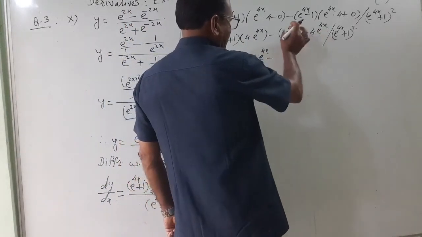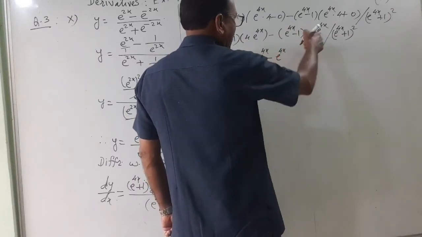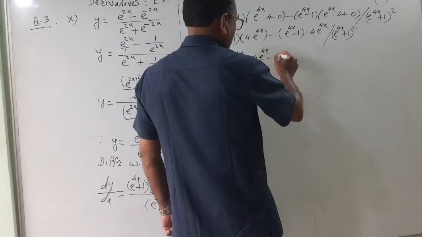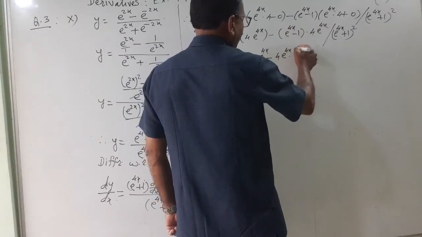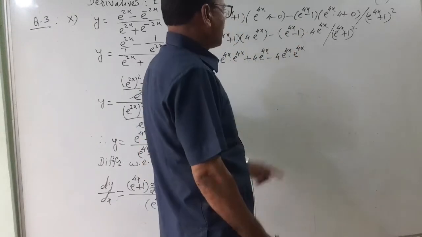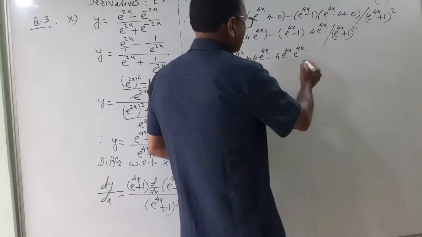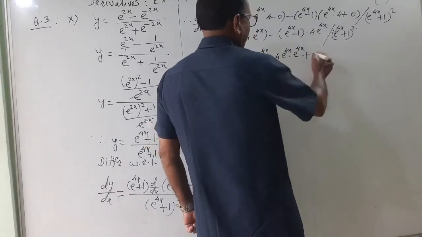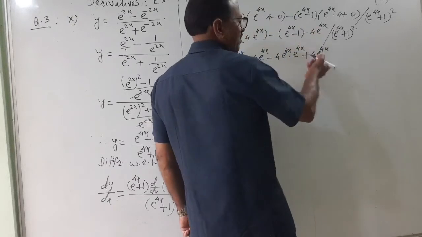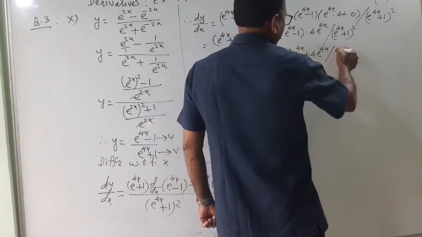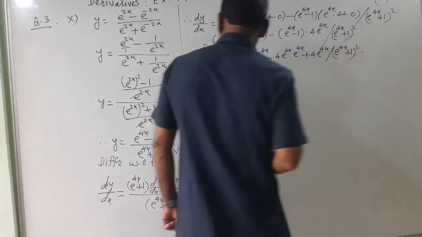Now by this I am multiplying this e raised to 4x and this 4 e raised to 4x into this e raised to 4x. While doing this, check this sign. This minus and this minus will become plus, and 4 into e raised to 4x into 1 will be the same, upon e raised to 4x plus 1 bracket square.